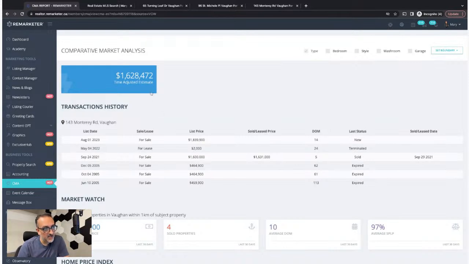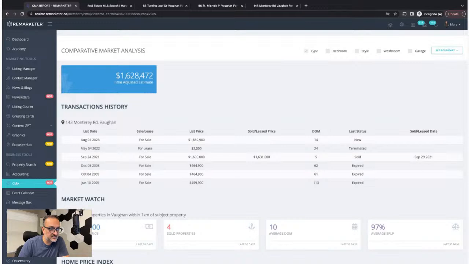Now, the time adjusted estimate is not an AI based property valuation or something like that. What it does is that it actually has a sophisticated algorithm which puts into calculation all the fluctuations to the benchmark pricing in that specific neighborhood for that specific type of property.